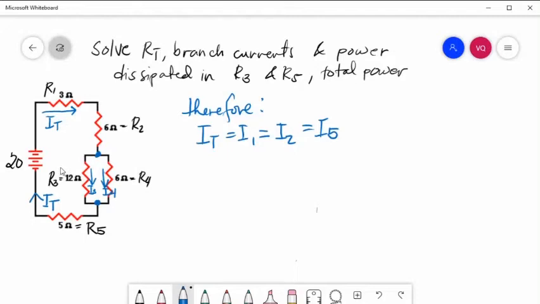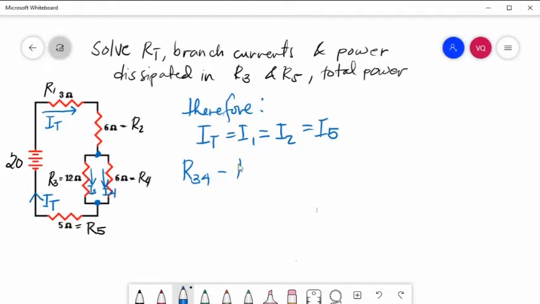And then solving now your total resistance. From our circuit we can see here that first the R3 and R4 are in parallel. So let's say the combination of R3 and R4 is R34.